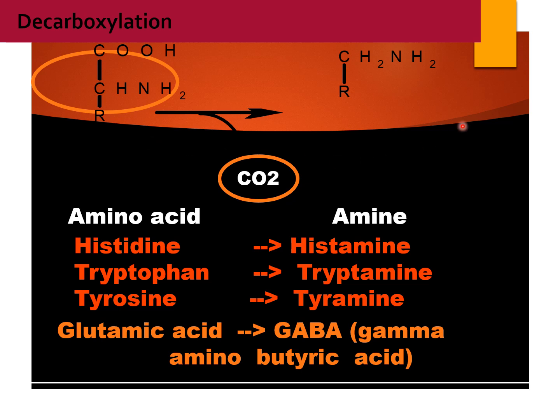Look at the decarboxylation reaction. This is an amino acid, and when the carboxylic group is lost enzymatically or non-enzymatically, it converts into the amine. This is how we can convert a number of amino acids to their corresponding amines: histidine to histamine, tryptophan to tryptamine, tyrosine to tyramine, and glutamic acid to gamma amino butyric acid.